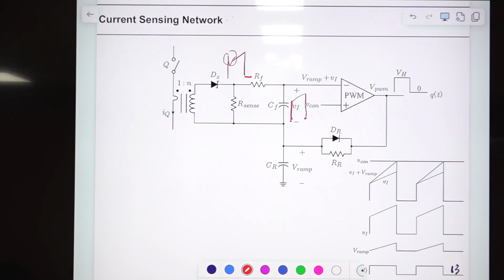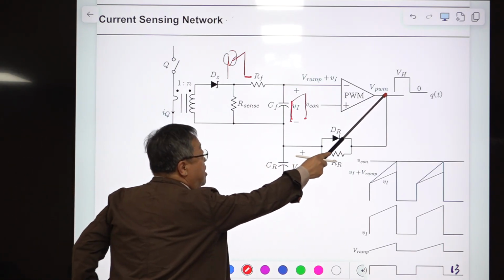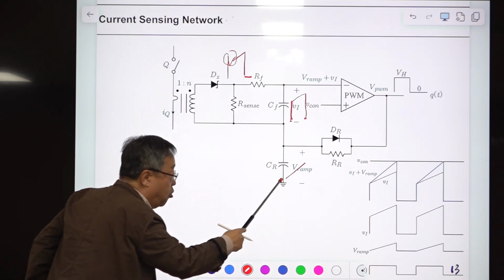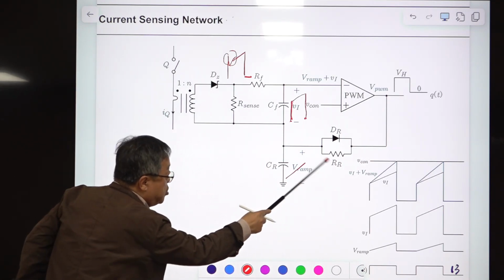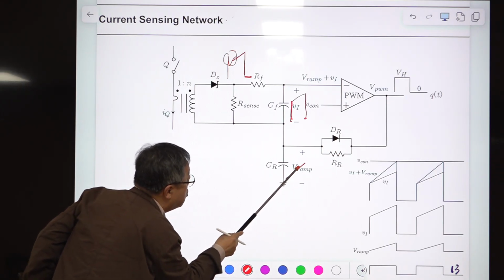But you need to generate an external ramp, the compensation ramp. The compensation ramp is generated like this. When the output of the PWM is high, that high voltage will be charged here very slowly. You control the time constant of this, so it is very slow and it will grow gradually.